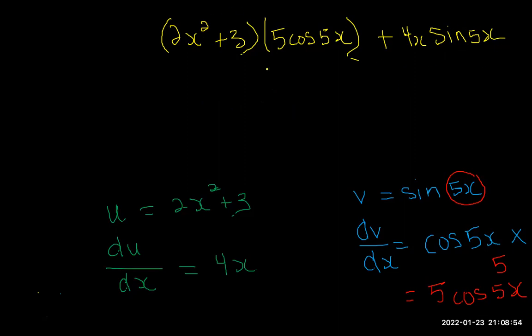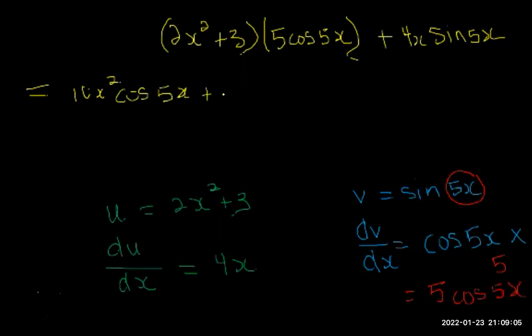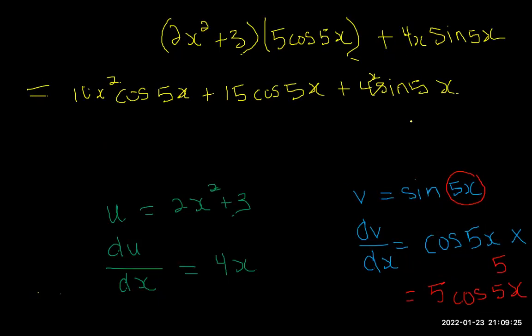You could leave it just like this. Or if you want to, you could expand cos 5x plus 15, plus 4x sine 5x. So you could leave it like this, or you could expand it. Same thing.